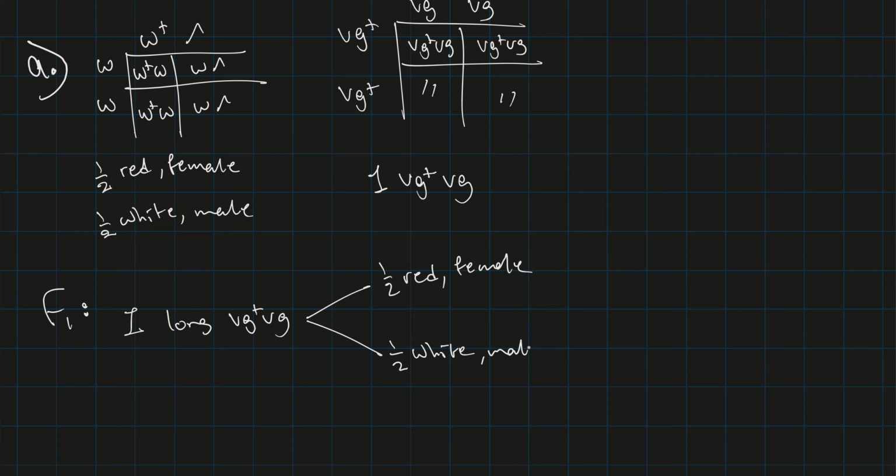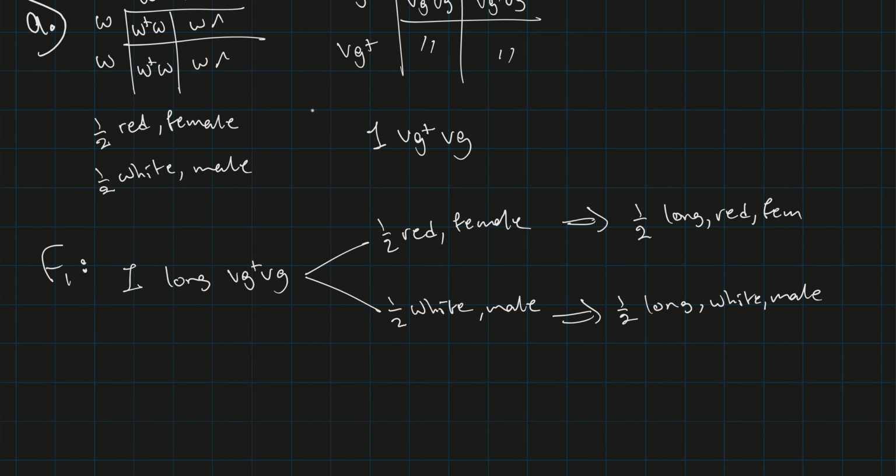They can't be both at the same time. And so you multiply these probabilities out, and you get that 1/2 of your progeny is long-winged, red, and female. And the other 1/2 is long-winged, white, and male. Now that's the F1 progeny.